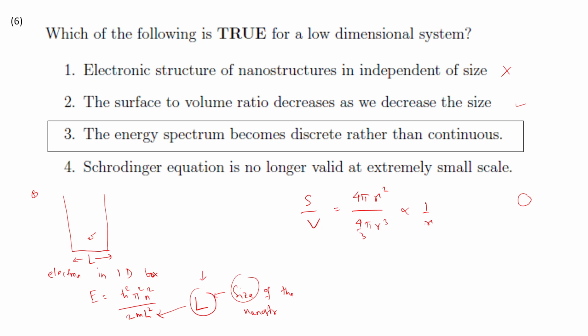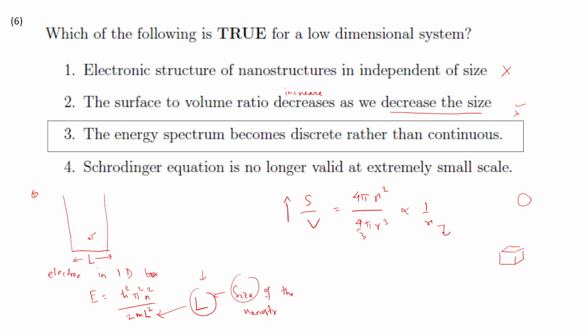So the surface to volume ratio, as we decrease the size, means r will reduce. If r reduces, S by V will increase. So this has to increase actually, and this statement is wrong. Similarly, you can prove it for any particle.